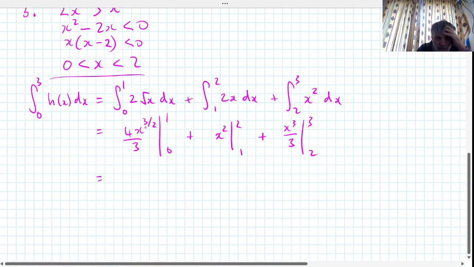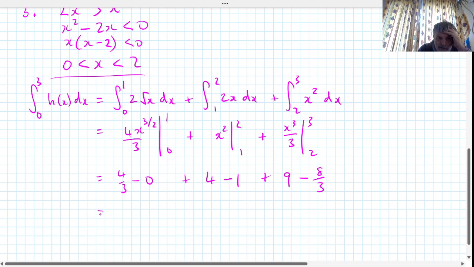So putting 1 in, 1 to the power of 3 over 2 is 1, so we get 4 over 3 there. Put 0 in, you get 0, plus put 2 in, you get 4, 1 in, you get 1, 3 in, you get 27 over 3 is 9, 2 in, you get 8 over 3.